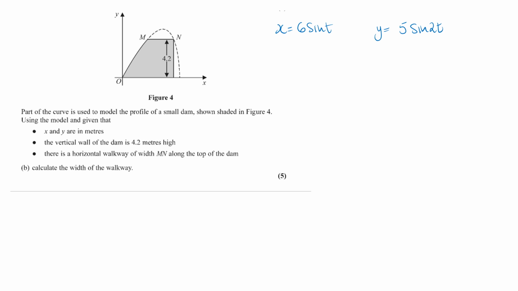The vertical wall of the dam is 4.2 and we've got a horizontal walkway along the top that's 4.2 meters high, and we've got to calculate the length of M to N. So what we need to do is find when y is equal to 4.2, what is the t? So let's let 5 sine 2t equal 4.2.